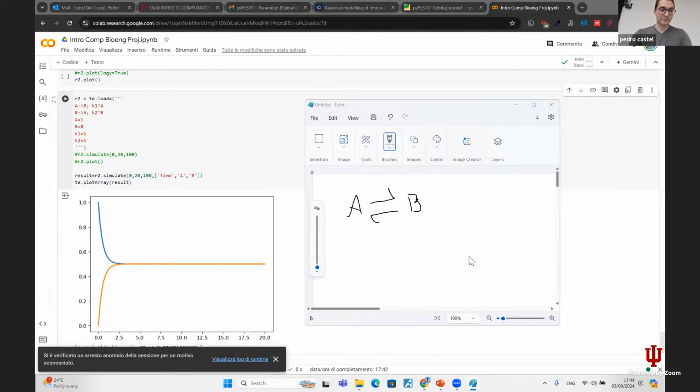What I told Jen, Niraj, was that A star is B star in the long term. Star means the steady state, because K1 is equal to K2.